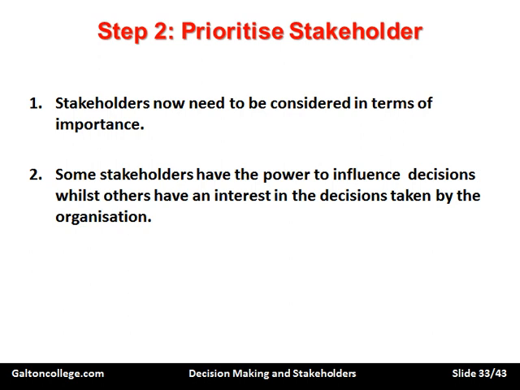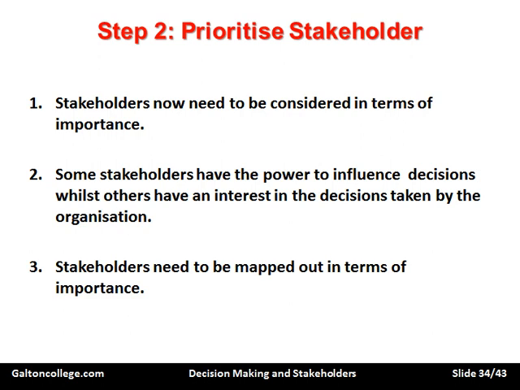So it's important to know the stakeholders and work out who are important and who need to be dealt with. In other words, prioritize the list. So they need to be mapped out in terms of importance. That's the point.